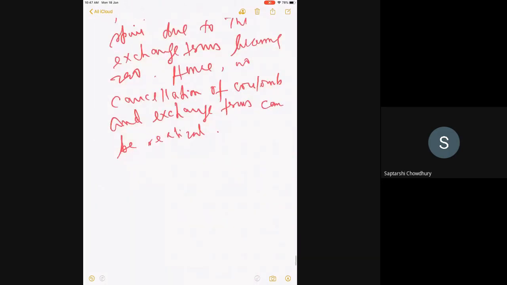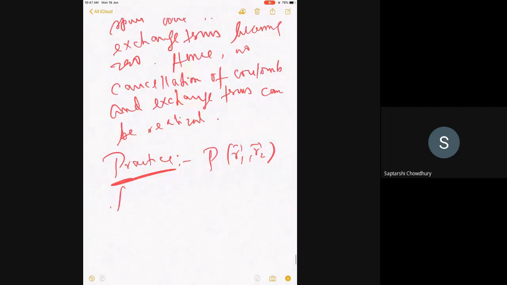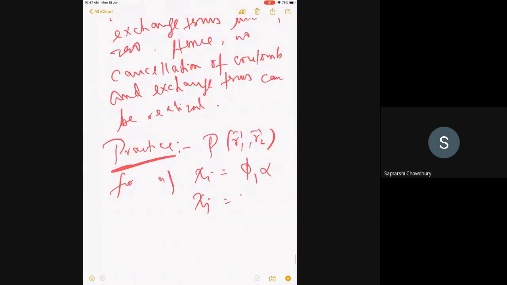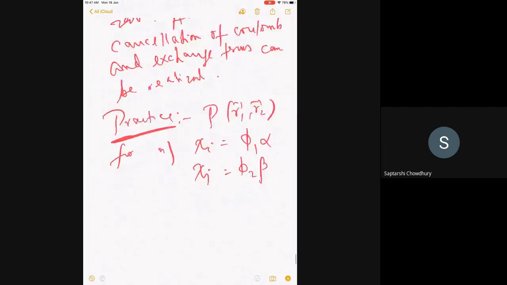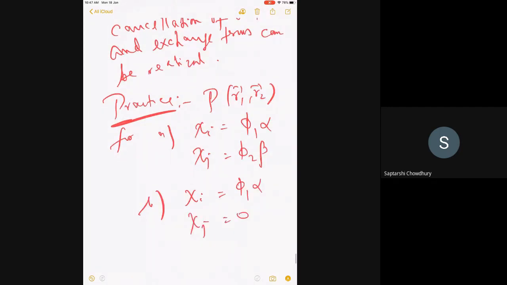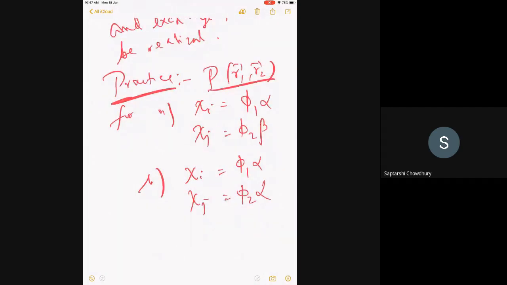So I would say practice problem, I will not give it as an assignment: find out P(R1, R2) for case A, where chi i equals phi 1 alpha, chi j equals phi 2 beta, and case B, where chi i equals phi 1 alpha, chi j equals phi 2 alpha. Calculate the probability only for R1, R2.